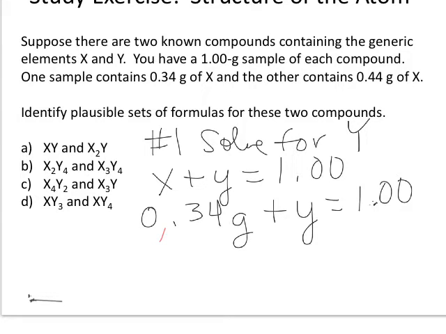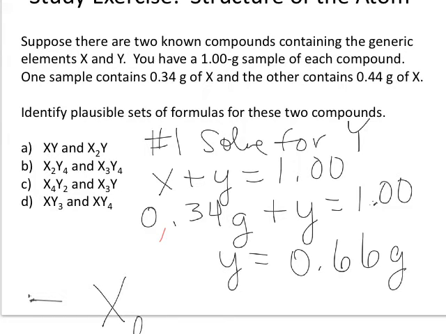So to solve for Y, you get Y equals 0.66 grams. So if you were to write this now, you would write X 0.34, little subscript, Y 0.66.